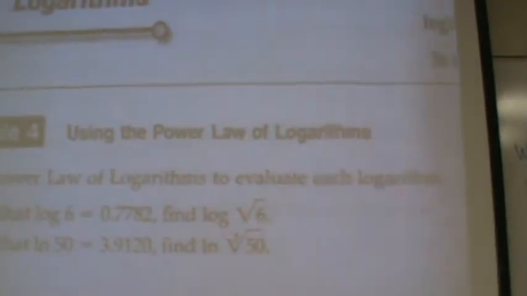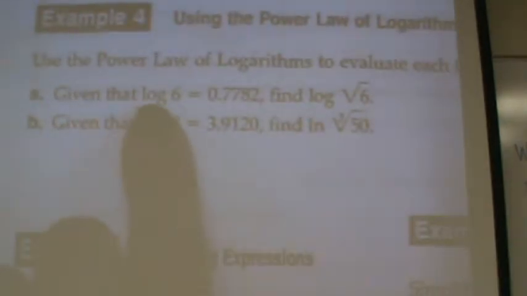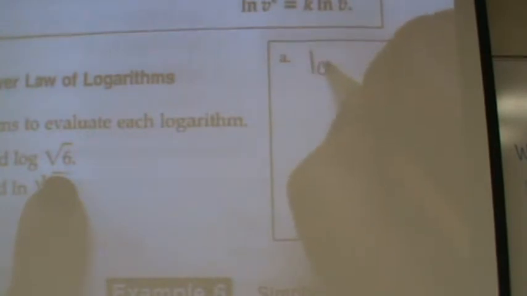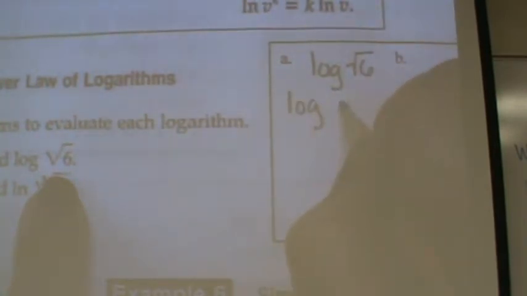The last property is called the power rule. If you have a power, like log of v to the k power, you simply bring that power in front and multiply it. So here you have the log of 6 is given to you, and they want the log of the square root of 6. So log of the square root of 6 is really the log of 6 to the 1/2 power.